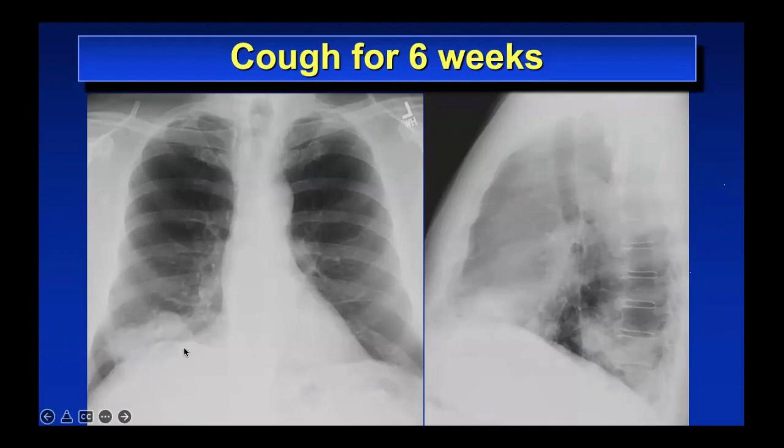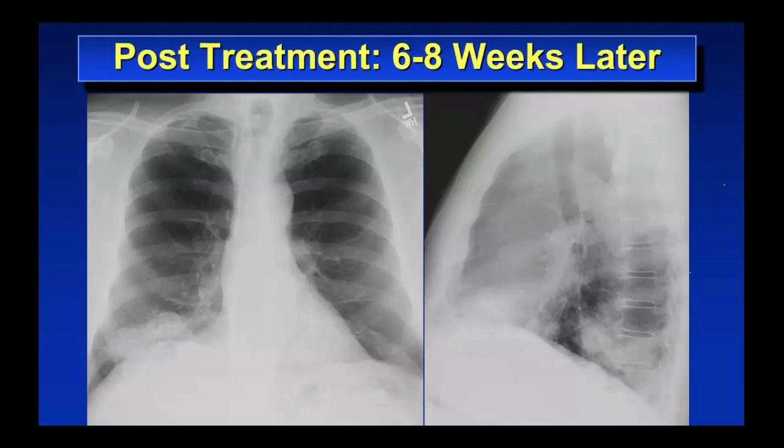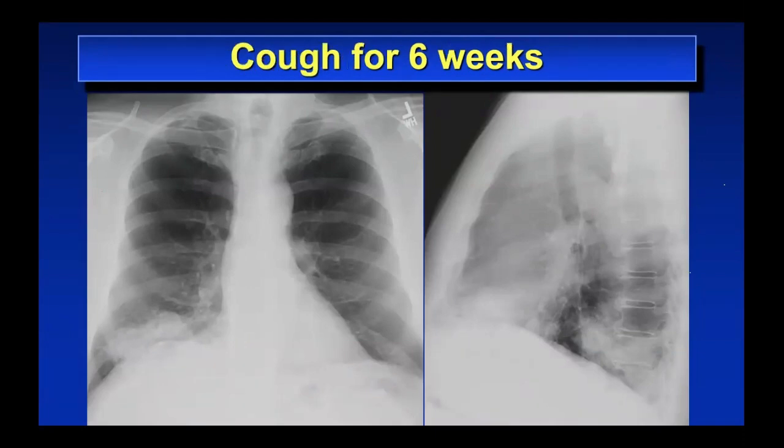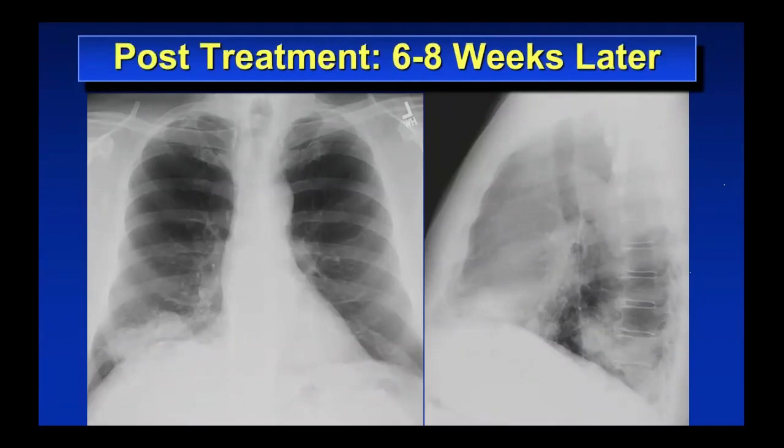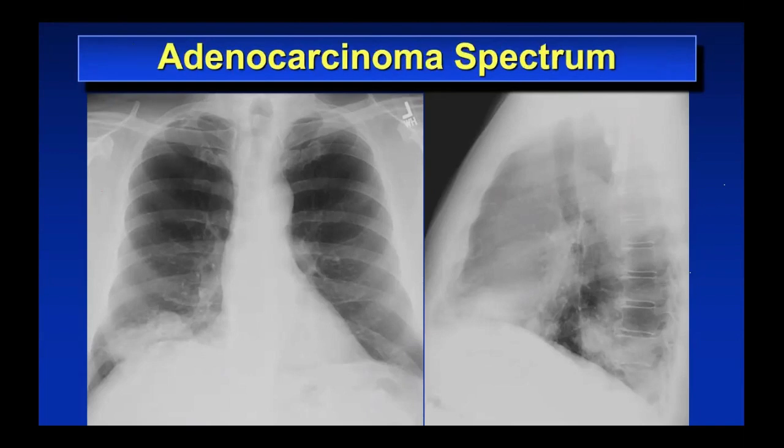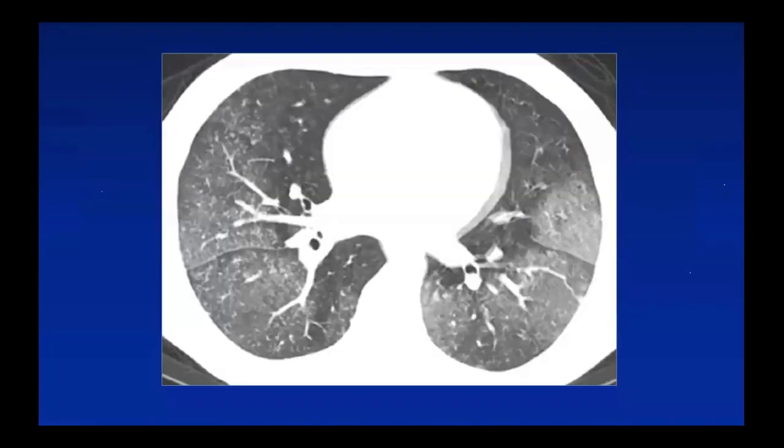Because if this does not go away after treatment, then we have to be concerned about adenocarcinoma. This is 6 to 8 weeks later after treatment. It's still there. Actually, this is the exact same image, but it looked the same. I just don't have those images. And this is an adenocarcinoma. It turned out to be an adenocarcinoma on further diagnosis.